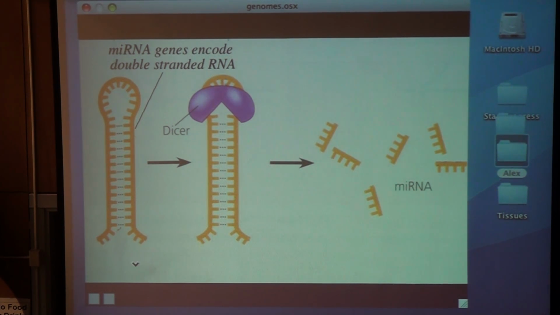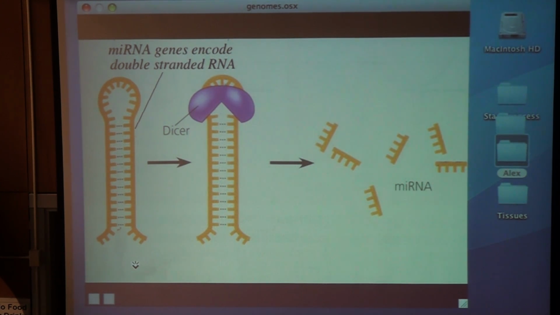And so what they think this started out as is a viral defense system, that the cell said, anytime I see double-stranded RNA in my cytoplasm, I'm going to assume that that's a viral chromosome. And so the cells evolved a protein to chop up those viral chromosomes. And somewhere along the evolutionary line, the cell said, hey, these little bits of RNA that I end up with can be useful because I can use them to help regulate my messenger RNAs if they're complementary to my messenger RNAs.